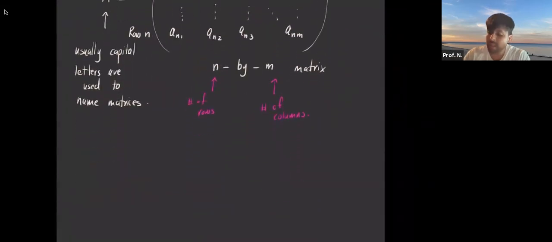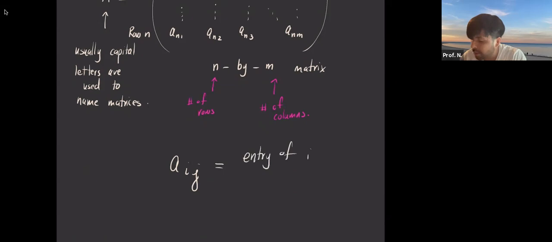Sometimes we like using n and m to denote the size, and we like using the indices i, j to indicate the entry of matrix A in the ith row and jth column.